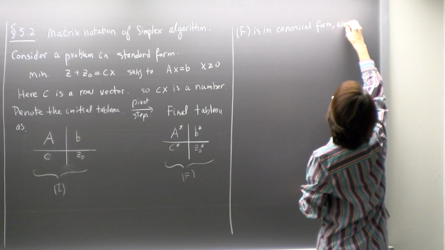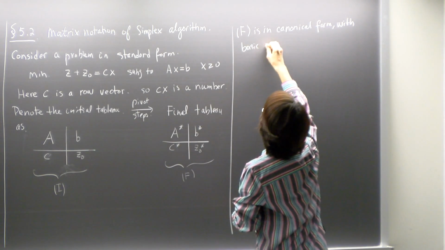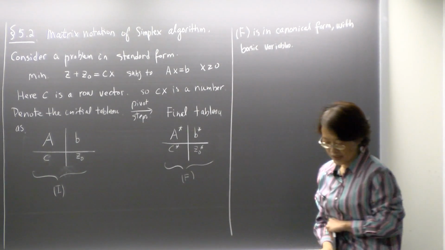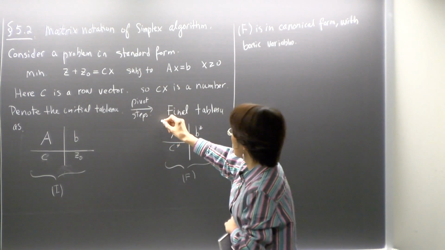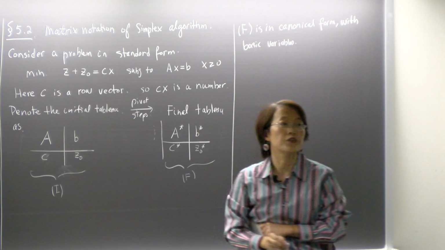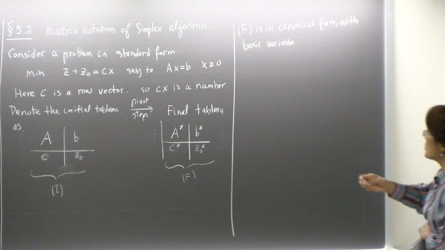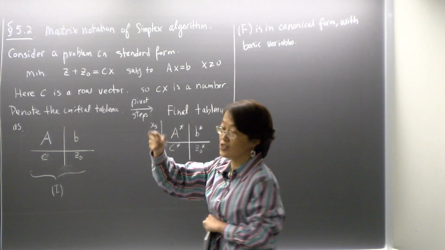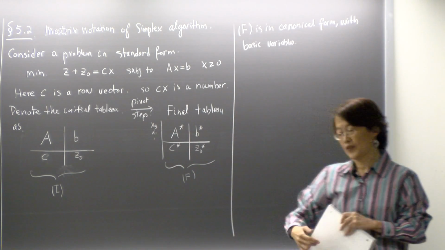Okay, so with a set of basic variables. Your basic variables actually will be listed on the left here if you use LP Assistant. It keeps track of which ones remain basic. So you will have these x5, x1, whatever, as you have seen in the LP Assistant. You have a bunch of listed basic variables.